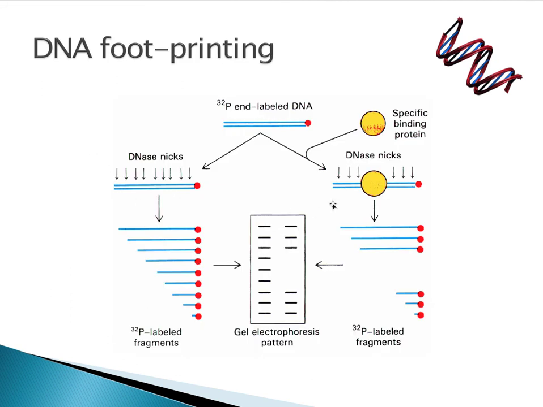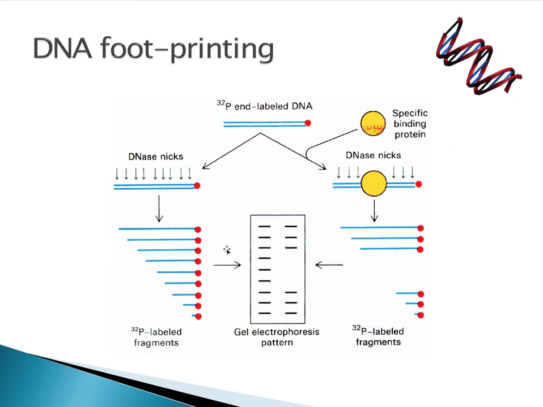Footprinting is where you have to label your DNA, okay, and then you add DNase. DNase is going to start to introduce those nicks, so you're going to have different fragments. However, if you have a specific binding protein right here, for example, DNase cannot nick the part covered by the protein, and in that case some fragments will be missing.